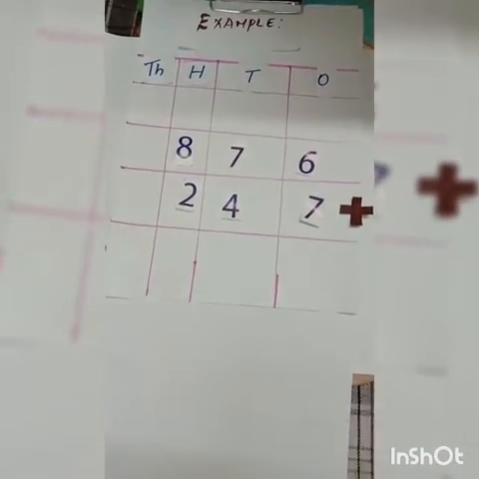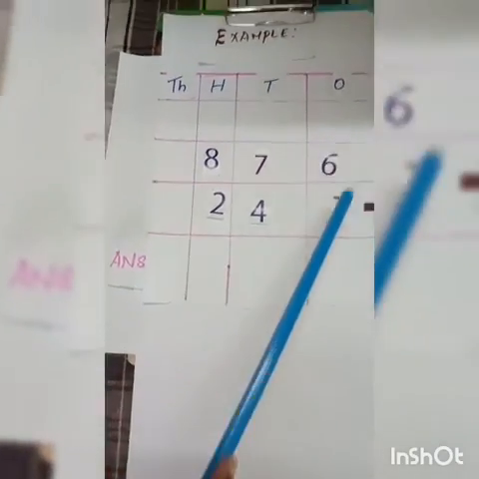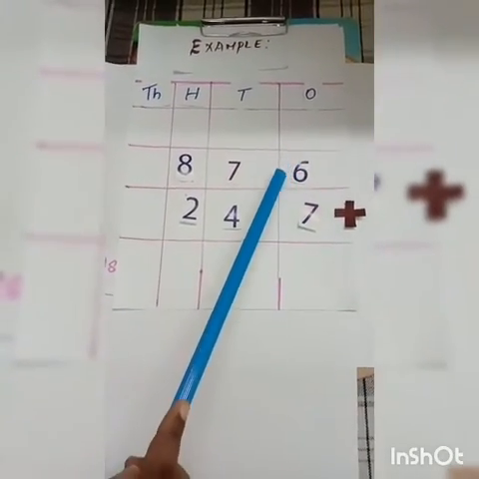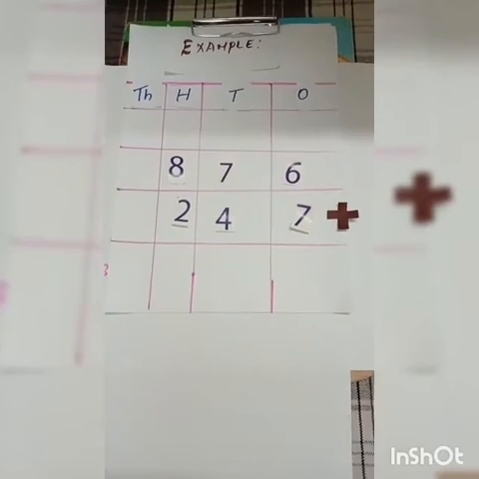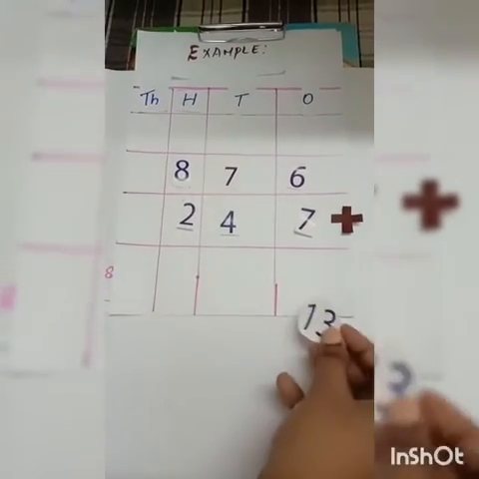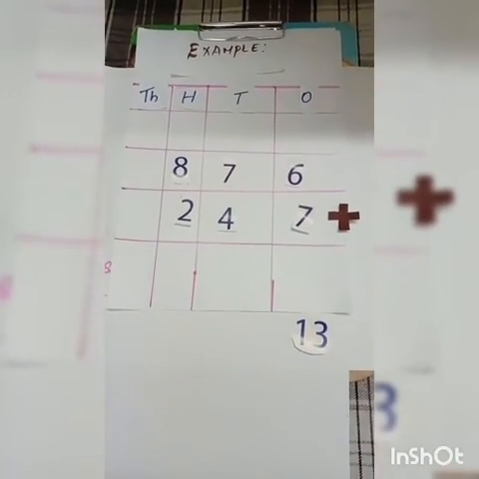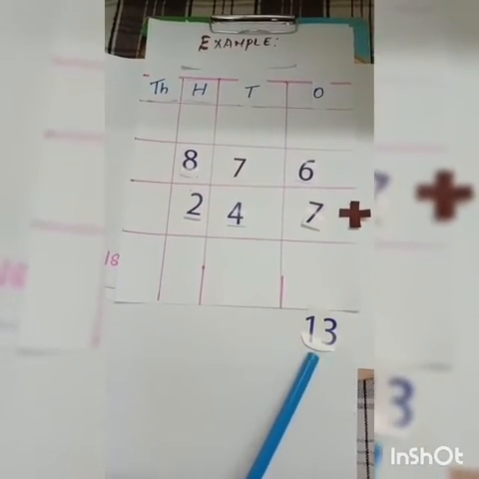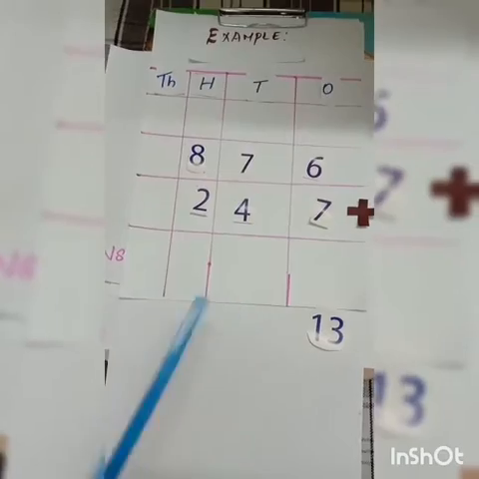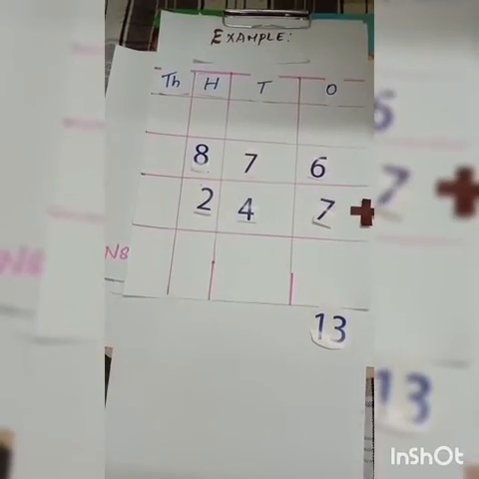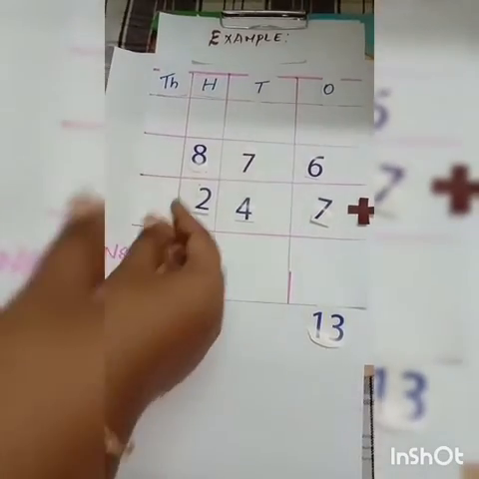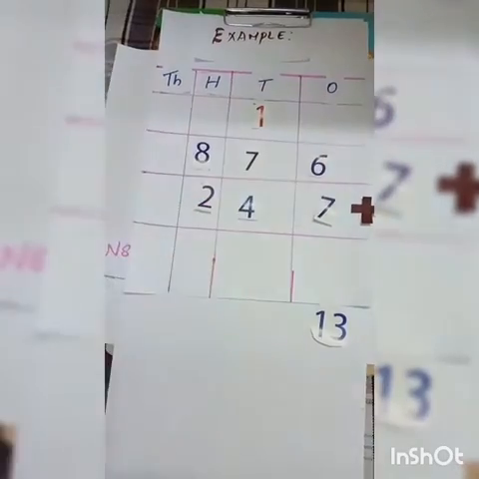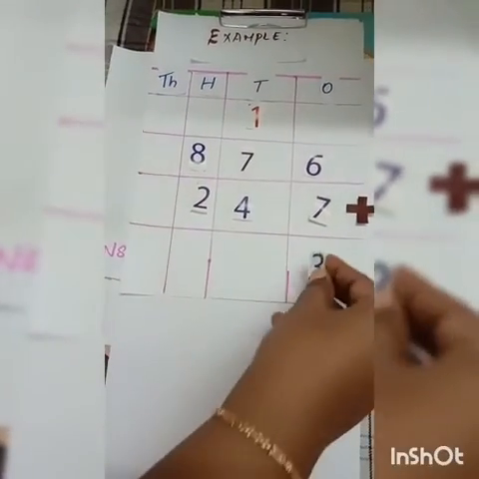Step 1 is add the digits in ones column. That is 6 plus 7 is equal to 13 ones, which is nothing but 1 ten and 3 ones. Carry over 1 ten to the tens column and write 3 ones in ones column.